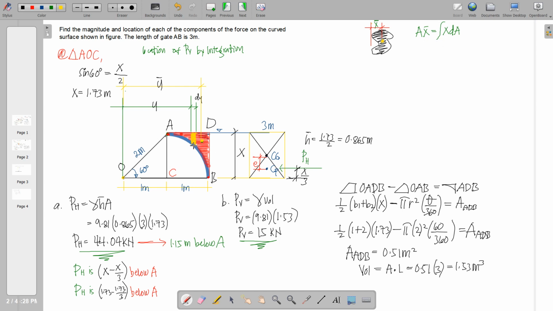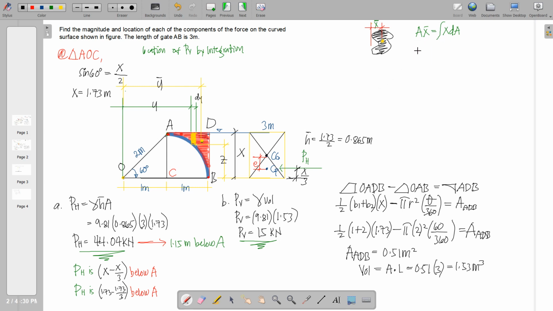So I'll just label this as z, the distance from point O. So this element now has a reference horizontal distance from O and a vertical distance from O also. Therefore, we are now ready to write our equation.